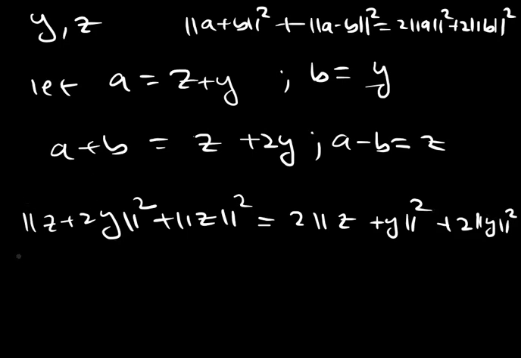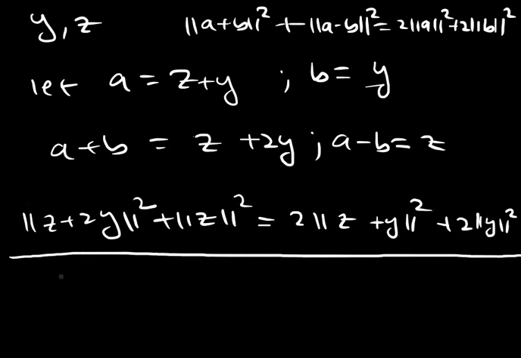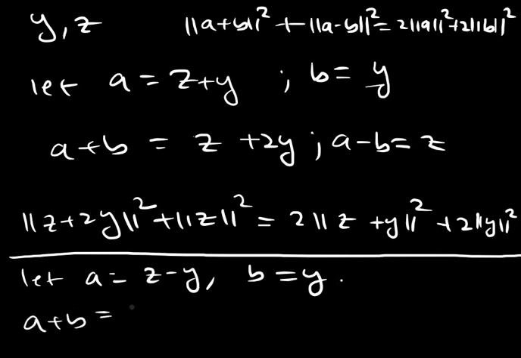Okay. Now a and b are just any vectors in the space. We change this thing. Let a is equal to z minus y and b is equal to y. So if this is the case, then a plus b is nothing but addition of this thing. So this is z, and a minus b is z minus 2y.